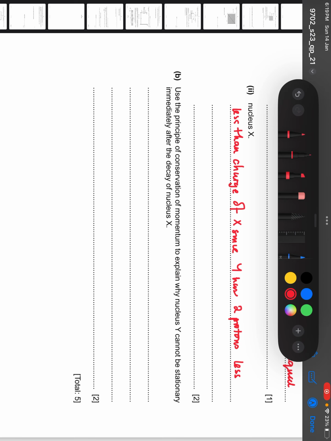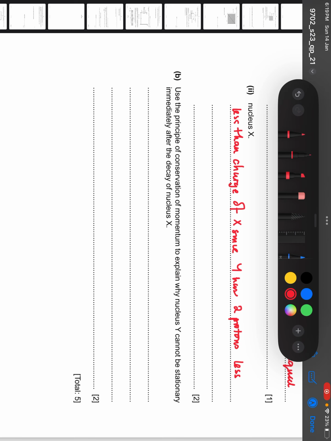The principle of conservation of momentum says that the total momentum of a system before collision equals the total momentum of the system after collision. Originally nucleus X was stationary.